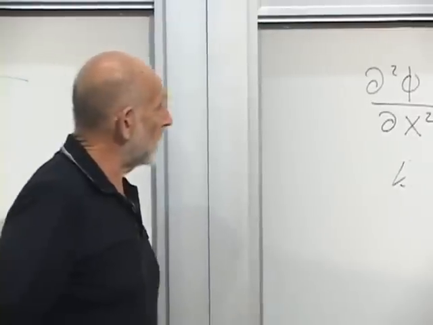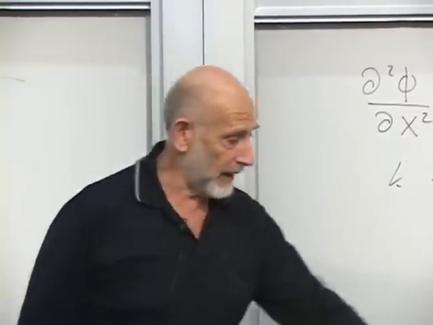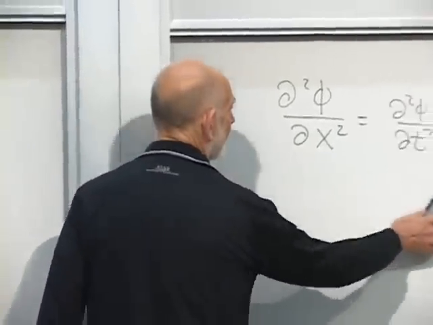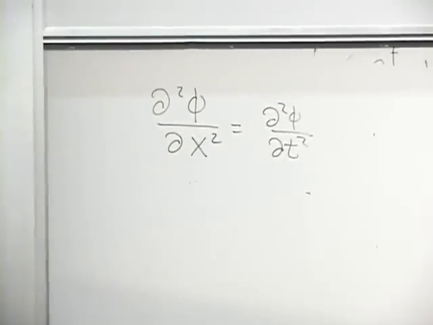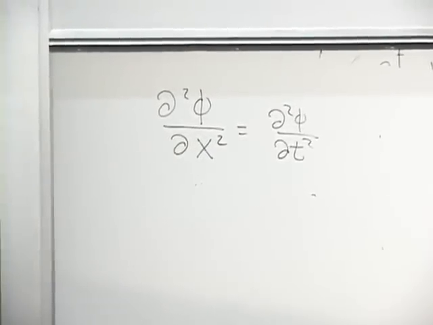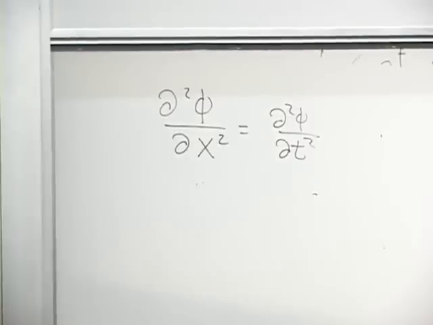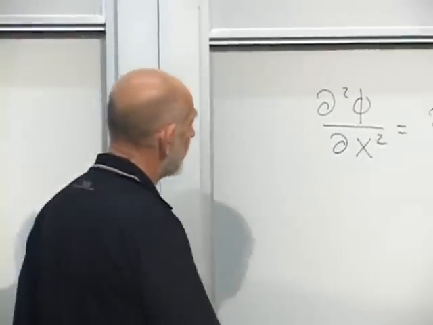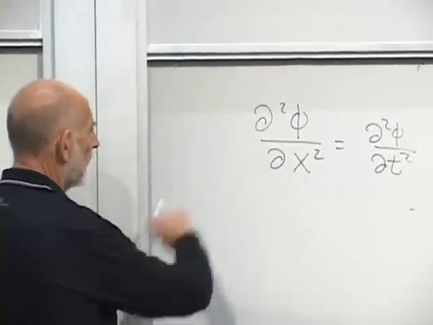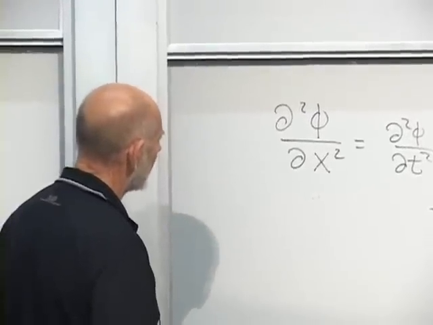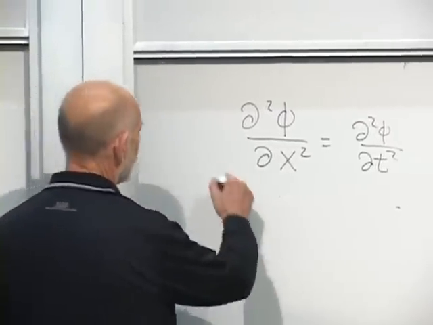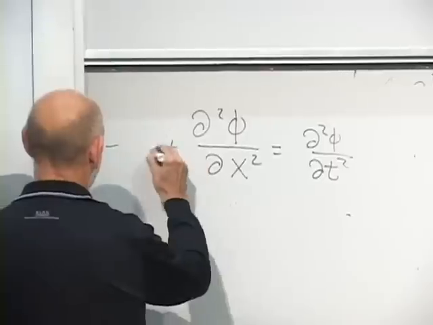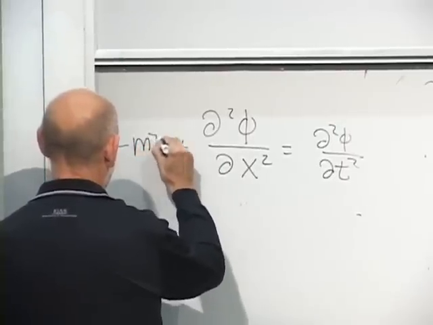How do I turn it into something that moves slower than the speed of light? What do I add? If I want to add a mass term, here it is. Which side? Can you figure that out? Is it this way? No, it's minus this way. Minus m squared phi.